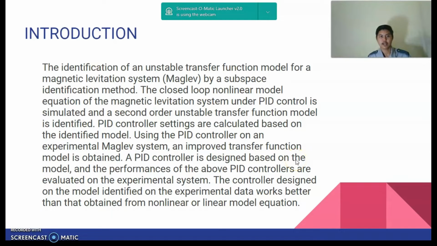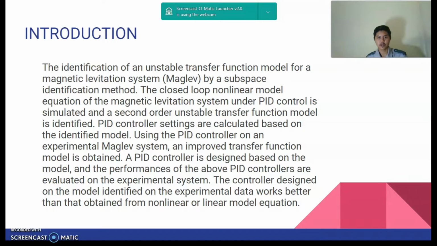Introduction. The identification of an unstable transfer function model for a magnetic levitation system, MAGLEV, by a subspace identification method.